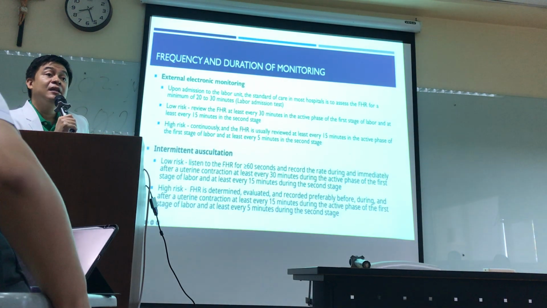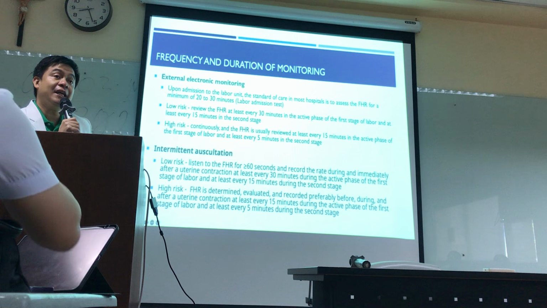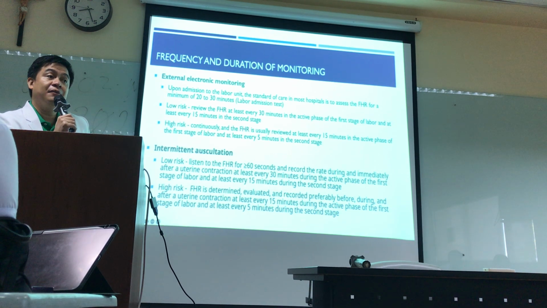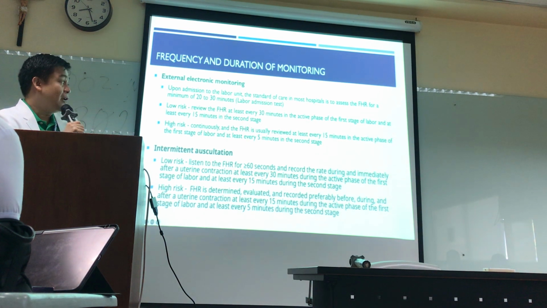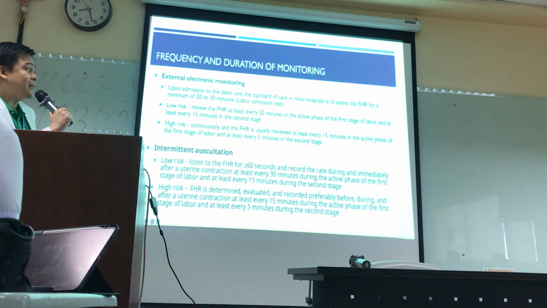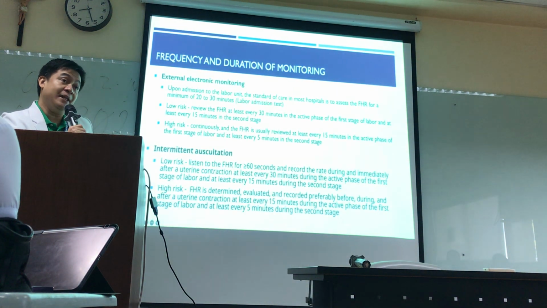Until full cervical dilatation. And your second stage would be from full cervical dilatation up to delivery of the baby. So during the active phase, every 30 minutes, and during the second stage of labor, every 15 minutes.